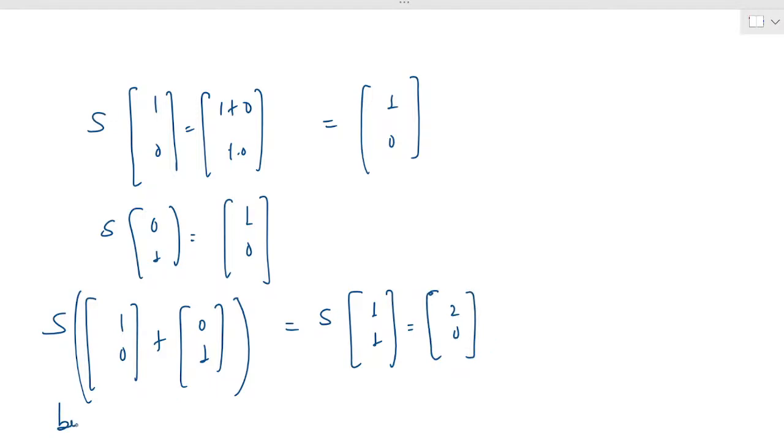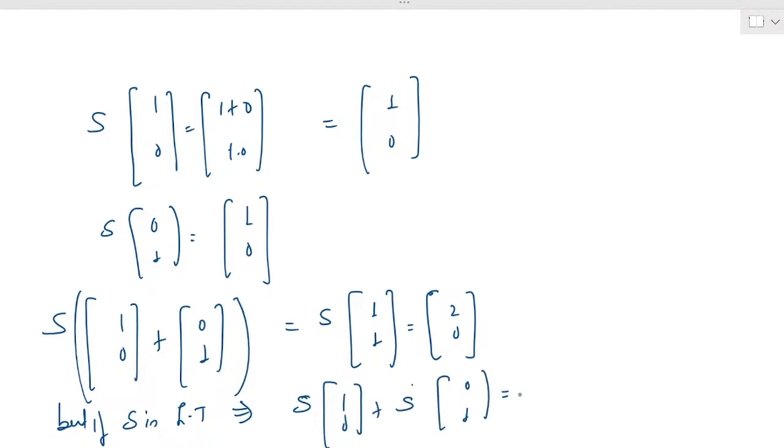But if S is a linear transformation, it implies what? Then S of this should be equal to S of (1, 0) plus S of (0, 1), which is eventually equal to what? Oh, not this. This should be 1, right? Okay, 1.